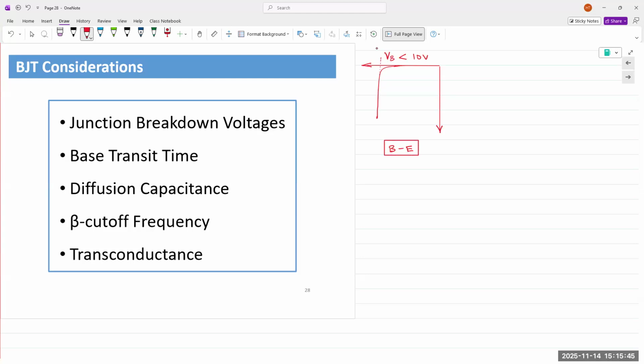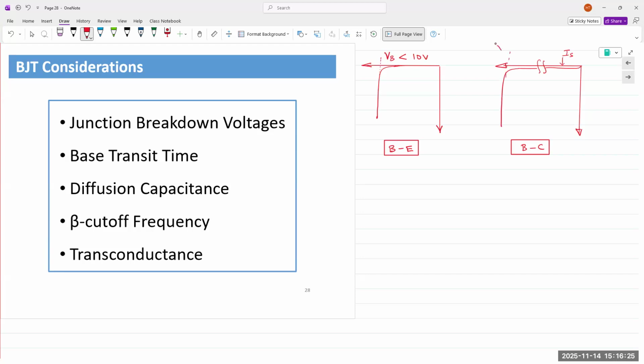And then this is the base collector junction. The base collector junction will also break down, but not for at least tens of volts. So the characteristics would be kind of like just IS, reverse saturation current, if any at all, and then break down at some far voltage.